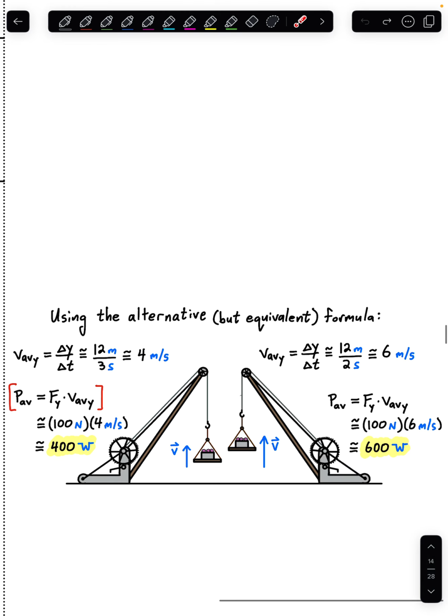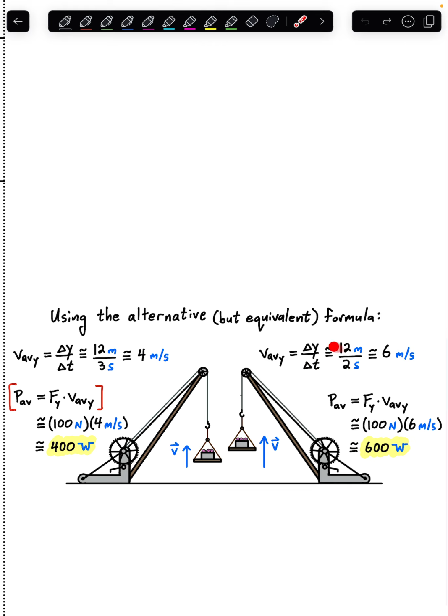So same scenario, using the alternative but equivalent formula, let's find the average speed of the bins in each case. In each case, the bins moved upward 12 meters. This bin took 3 seconds to do it, so it had an average Vy of 4 meters per second. This bin took 2 seconds to do it, so it had an average Vy of 6 meters per second.